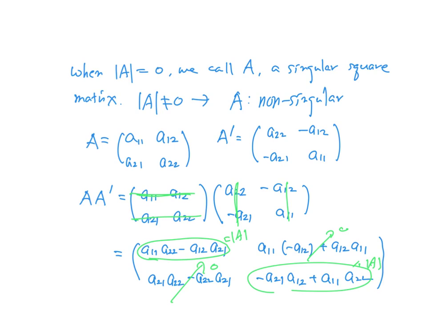So this is a very interesting matrix: determinant A times 1 0 0 1. Usually the matrix multiplication is non-commutative. But in this particular case, it is not.